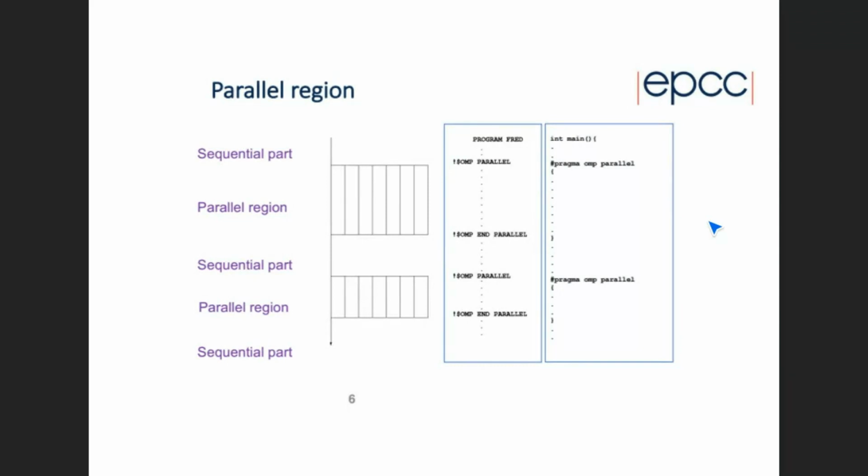Now, it's possible that the program might at some point ask for additional threads, in which case they have to be created and added to the pool. But the most common use case is for a program to use a fixed number of threads for every parallel region. That's not a restriction of OpenMP.